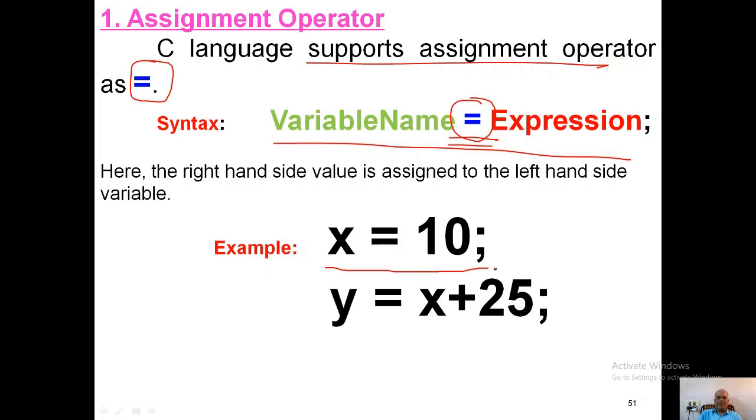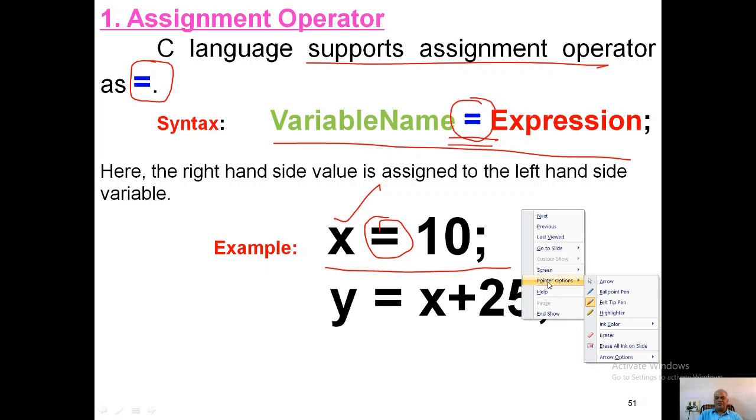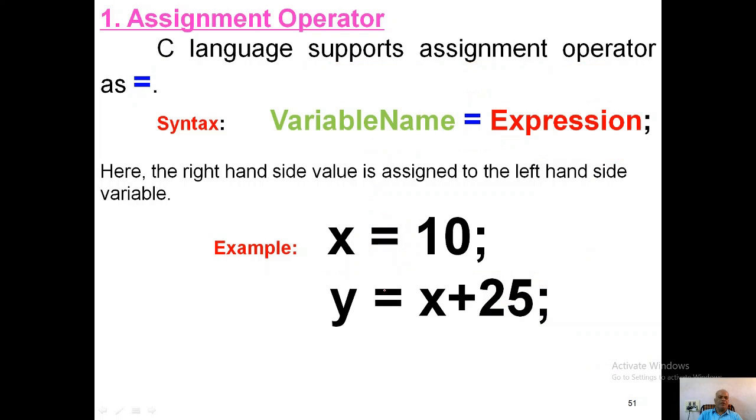Look at this, x equal to 10. Here x is nothing but an operand, and this equal to is nothing but an assignment operator. y equal to x plus 25.